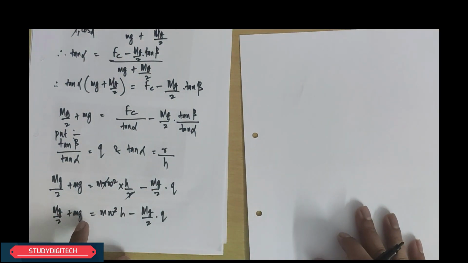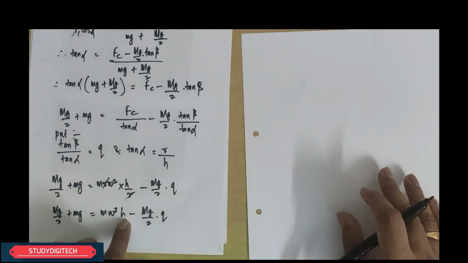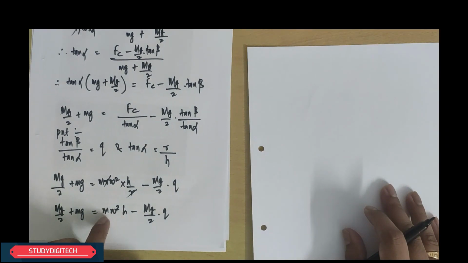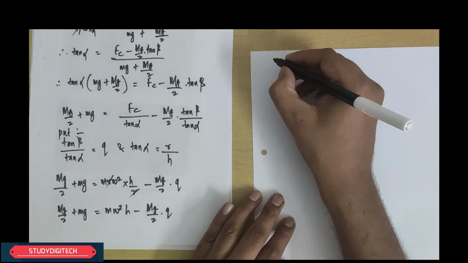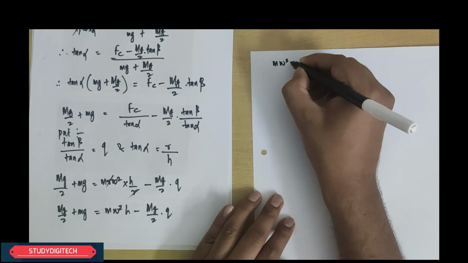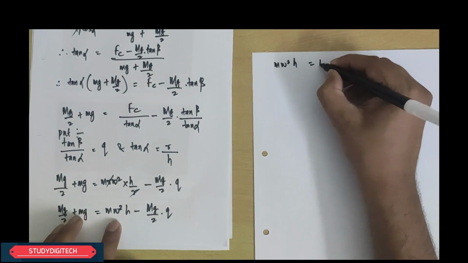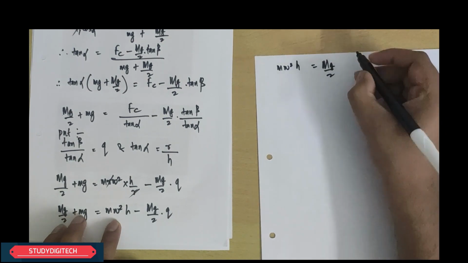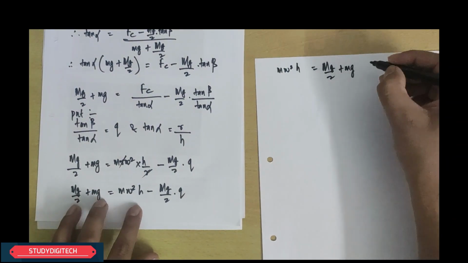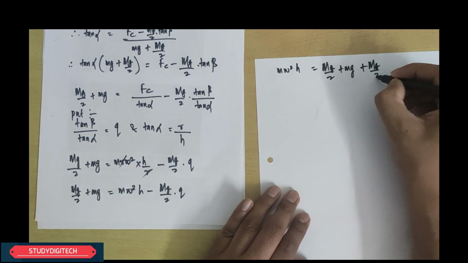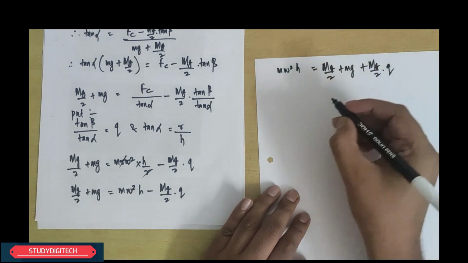So from this equation we want to find out height as well as speed of the governor. So first we will find out height of the governor. So this equation we have m omega square h, which is equal to capital Mg divided by 2 plus mg minus, will become plus, Mg divided by 2 into q.